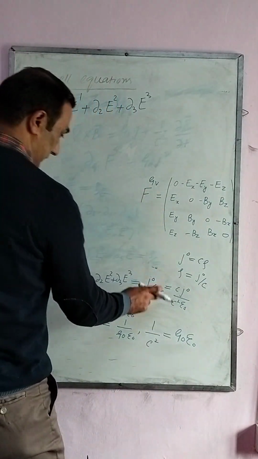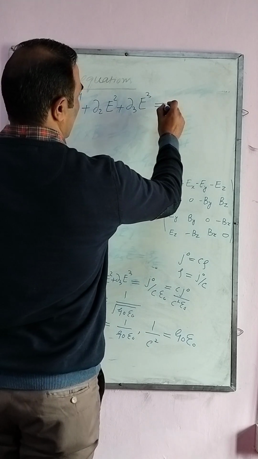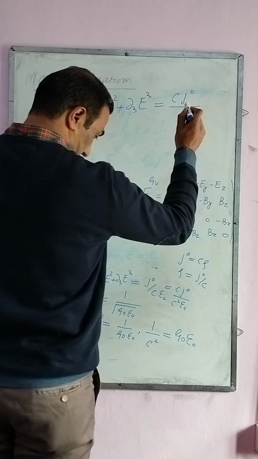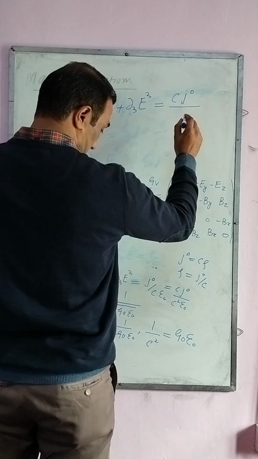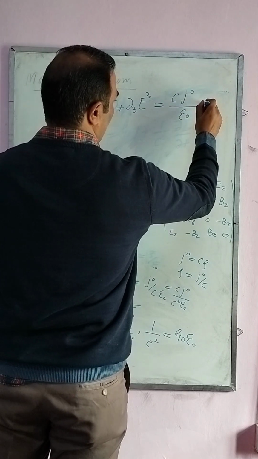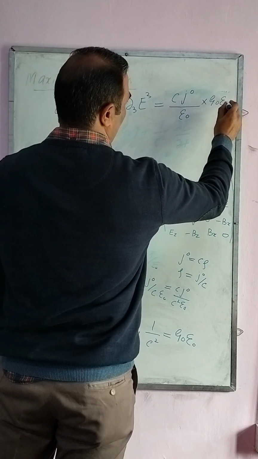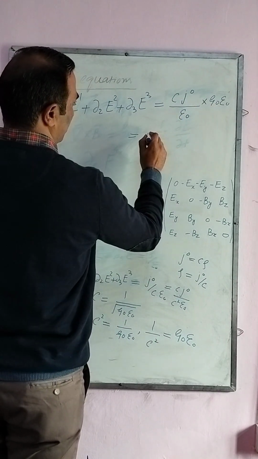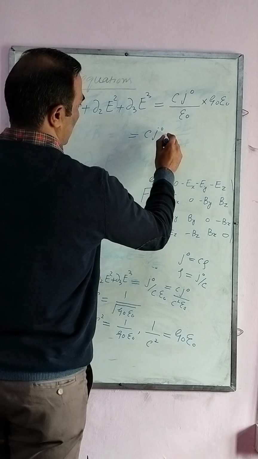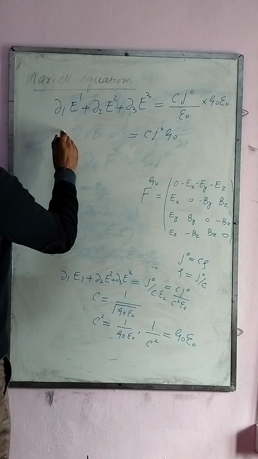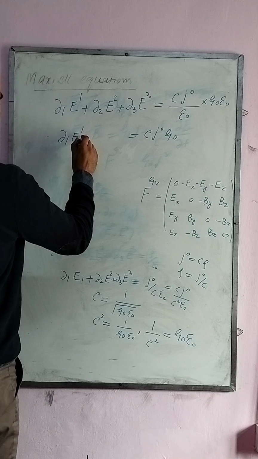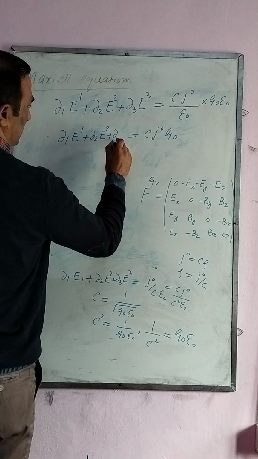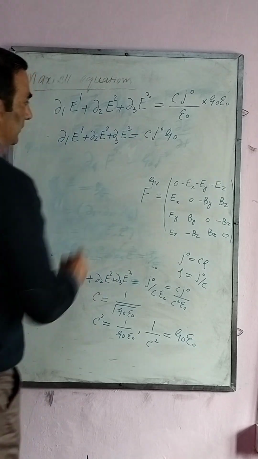Now use it in this equation, because we have this Cj0 divided by epsilon naught here and mu naught. Or you can write this as equal to Cj0. Okay, so this is it.